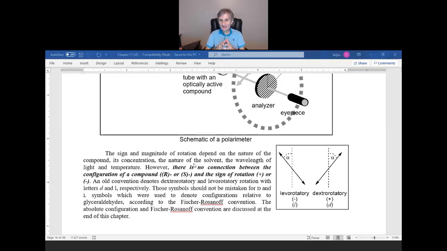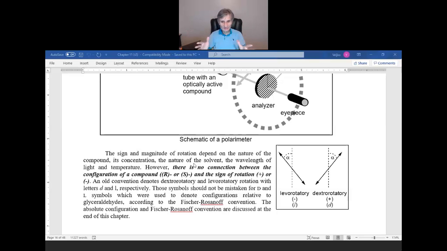So one enantiomer rotates polarized light to the right, the other one to the left. But they don't differ in magnitude. Since they are mirror images of each other, they differ only in properties that are mirror images. That means sign of rotation, to the right or to the left.